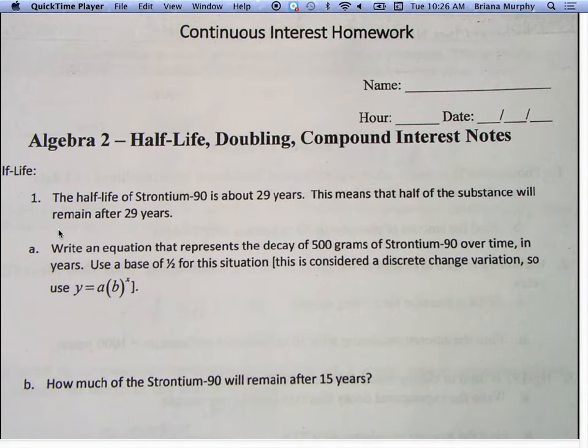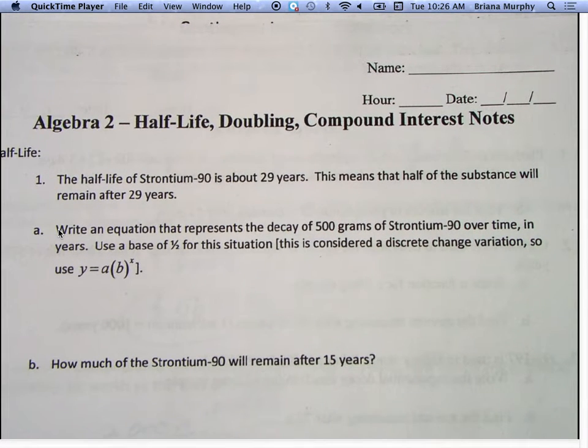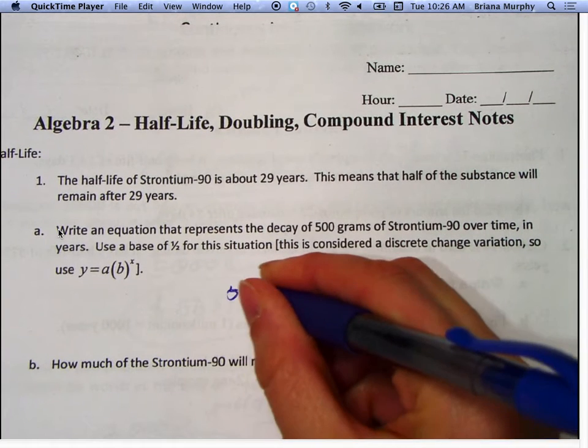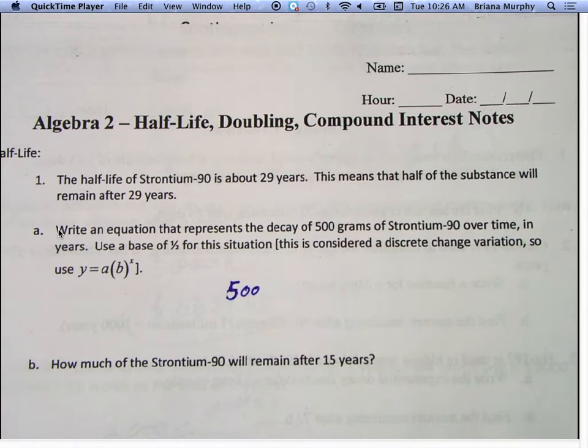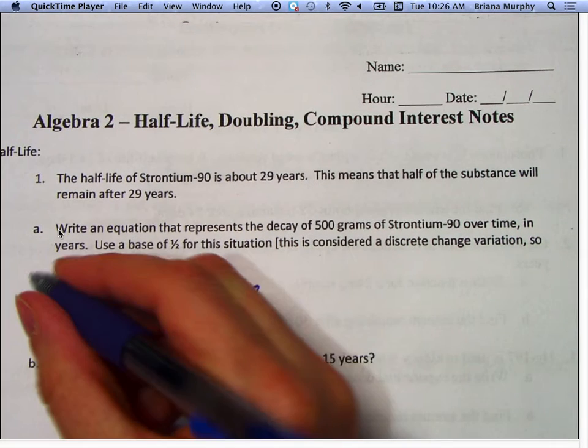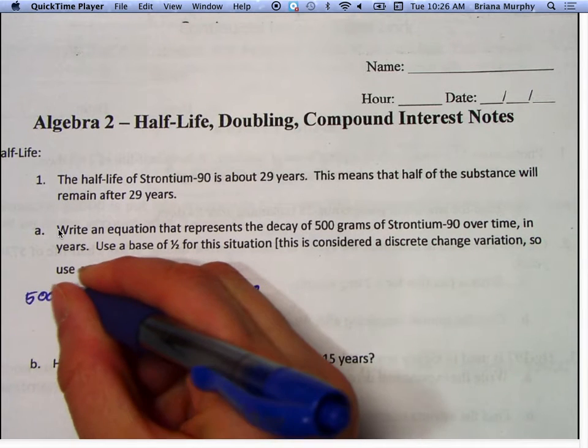This is considered a discrete change variation, so we're going to use y equals a times b to the x. So what is my initial amount when I first start? 500. The strontium 90, it's not 90 because that's just the name of that substance. So don't let the number freak you out. So that's A. So right here I've got 500 equals A. What is B?